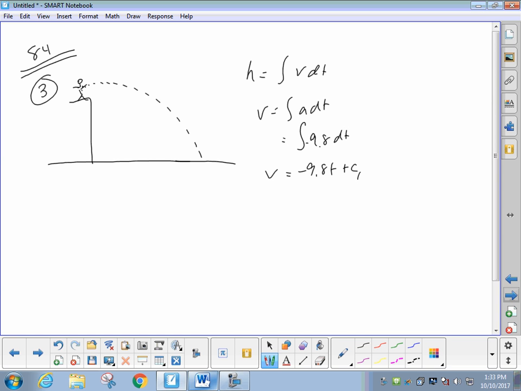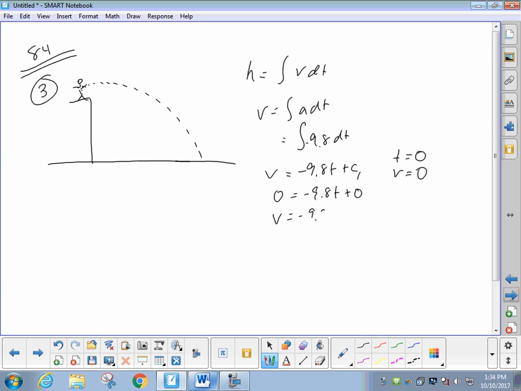If it's thrown horizontally at some rate, then its initial velocity, vertically speaking, is nothing. And so you are contributing nothing to the vertical velocity.